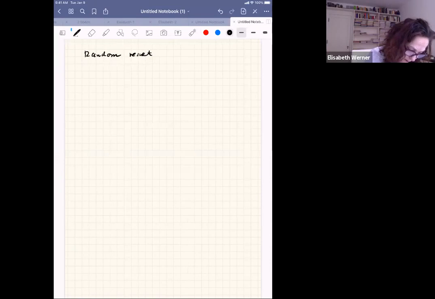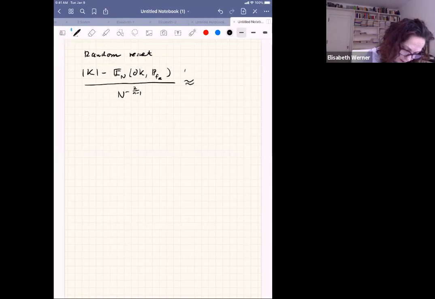Choosing points at random with respect to this optimal probability density, as n large, gave us this dn, as I called it, and then the affine surface area of K to the power (n+1)/(n-1). So that was the random result.